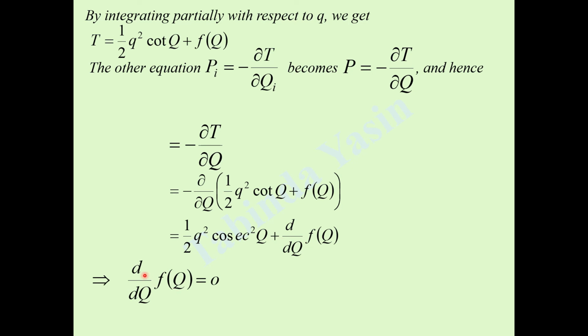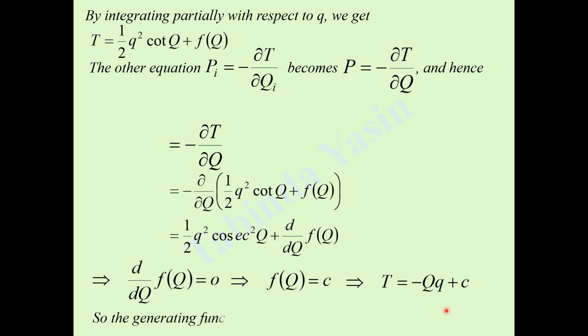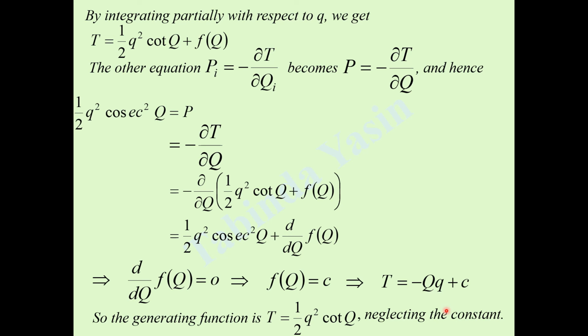As we know that d by dQ of f of Q will be equal to 0, so f of Q, after integrating, is equal to C, the integration constant. So the generating function is capital T equal to 1 over 2 q square cot Q, neglecting the constant.